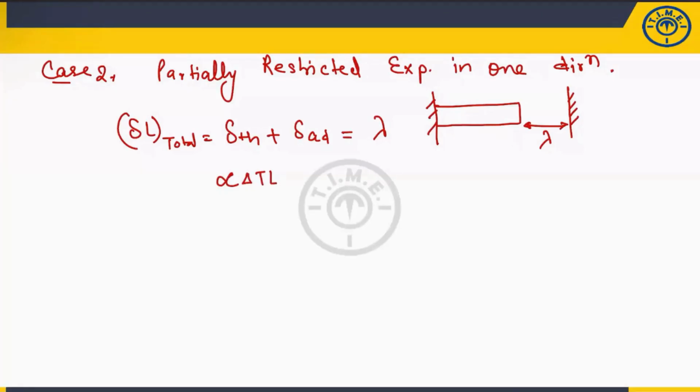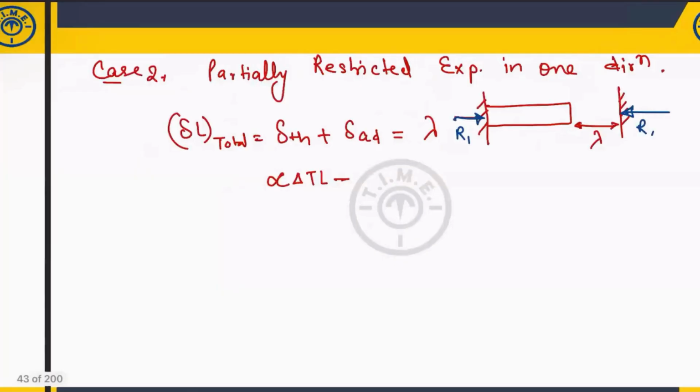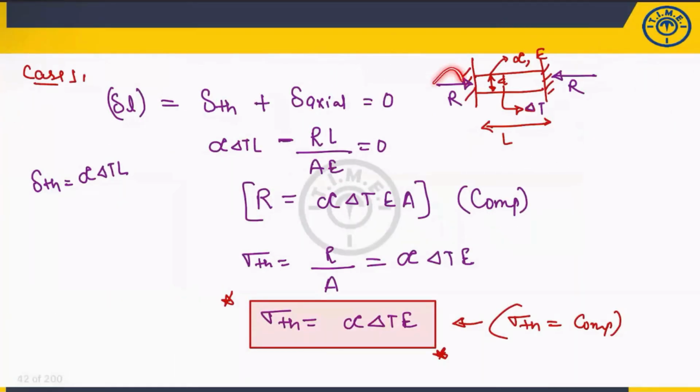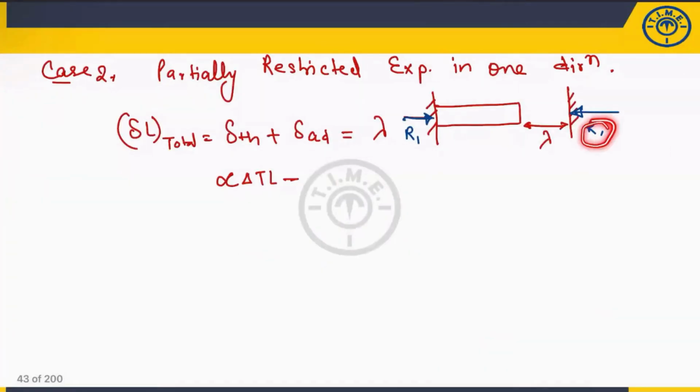Alpha delta T into L. So here axial deformation, that means once it reaches here, then this support will provide some reaction. So in this case, I'm using the R1 value, just to differentiate this R and R1, because R I have used for the first case.